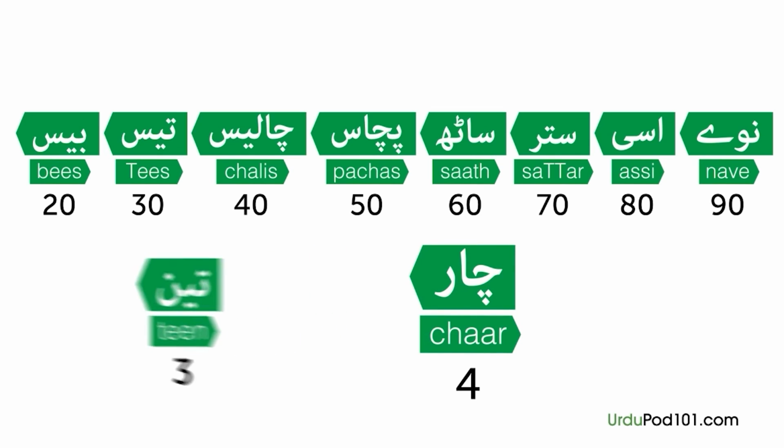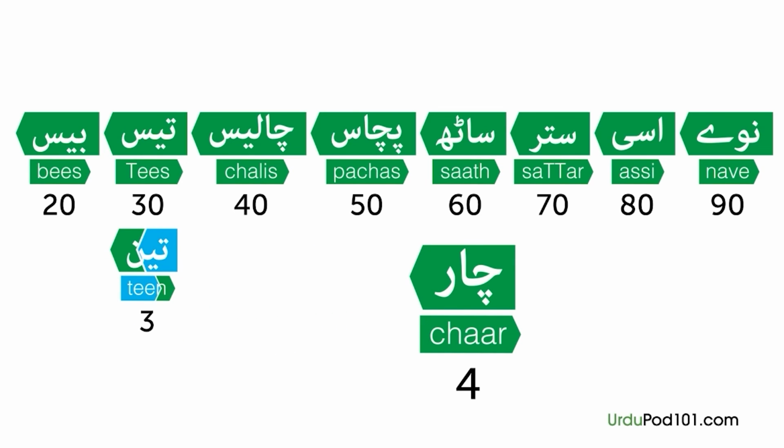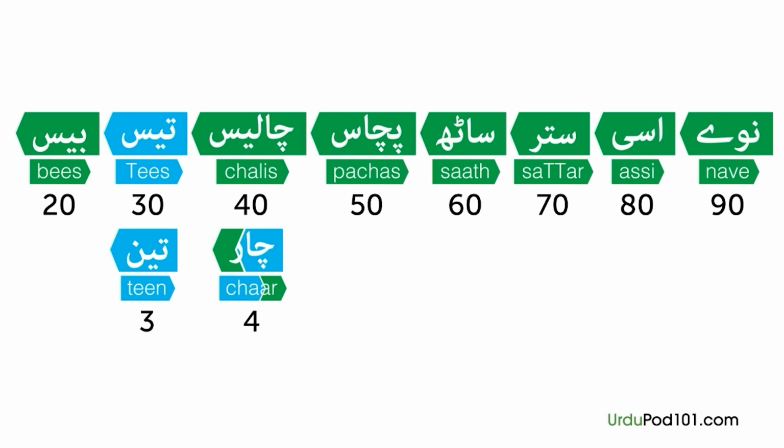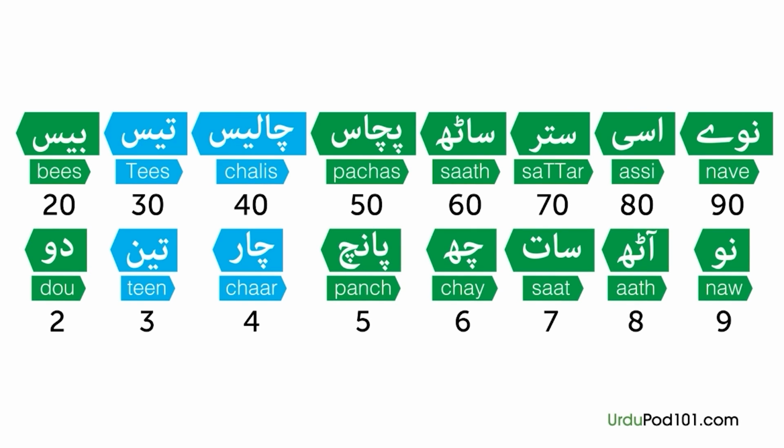As you can see, the sound T of teen, which is 3, is used in 30. Teen, 30. Similarly, the sound cha in char, which is 4, is used in 40. Char, 40. Do you see other similarities?